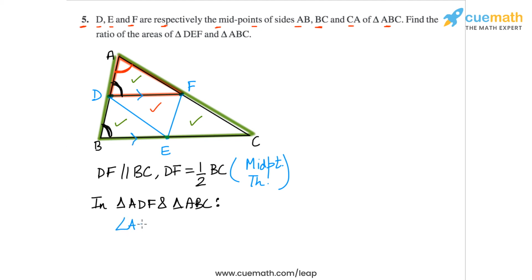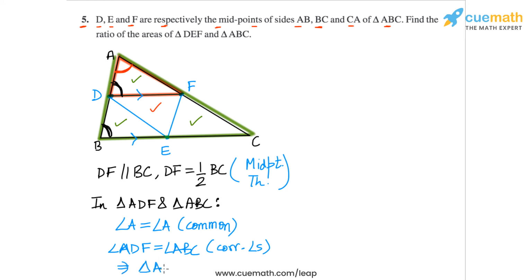Angle A is equal to angle A, basically because this is a common angle, and angle ADF is equal to angle ABC, because these are corresponding angles, and therefore the triangle ADF is similar to triangle ABC, and this is basically the AA similarity criterion.